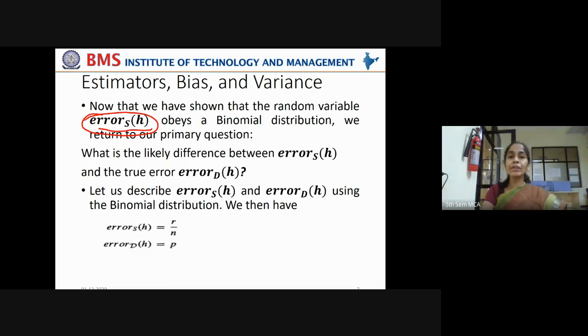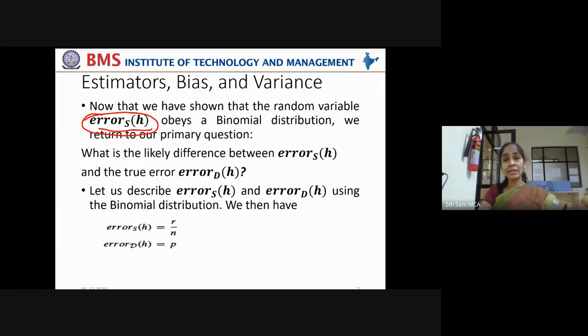Now we have to return to our primary question. What is our actual question we started with? We transformed it into a binomial distribution and tried to understand the sample error, true error, and binomial distribution interchangeably. We have been discussing these two concepts interchangeably since yesterday's class. But why have we come to this kind of discussion?